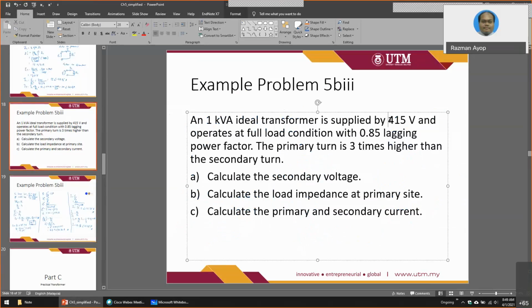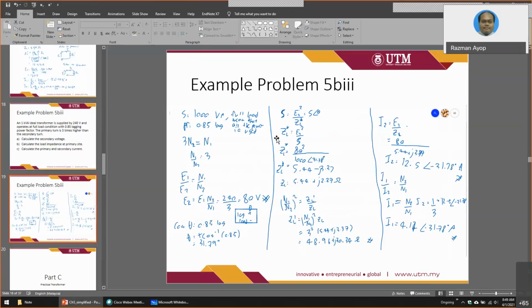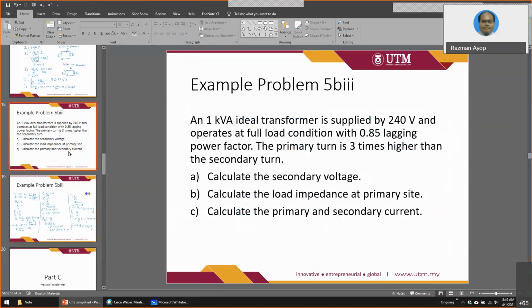Okay, change this to 240. Wait, let me check. Yeah, all the steps are 240. So change this one to 240. Either change this or change everything, so it is easier to change this only.